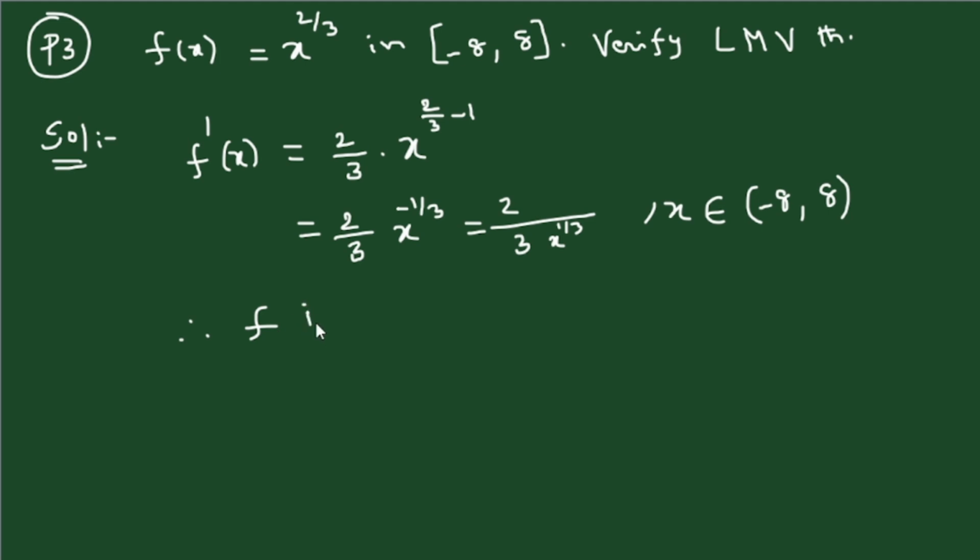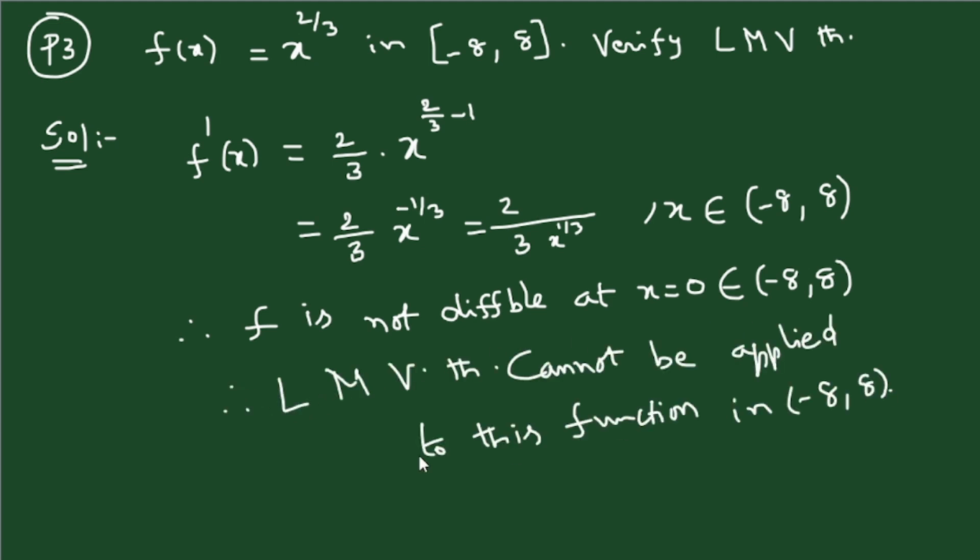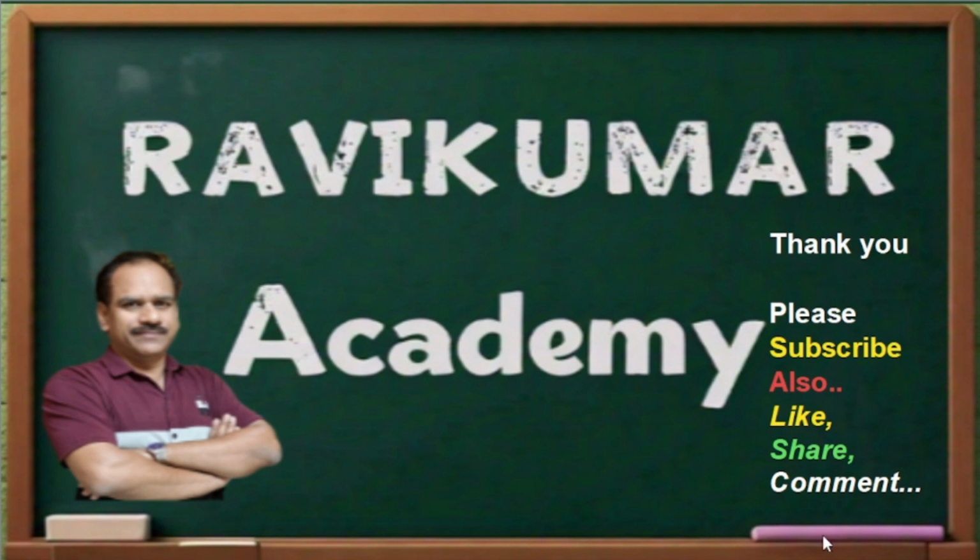Therefore, f is not differentiable at x equal to 0 belonging to the interval [-8, 8]. So therefore Lagrange's mean value theorem cannot be applied for this particular function in the interval [-8, 8], right? So that is how we can solve the problems based on Lagrange's mean value theorem.